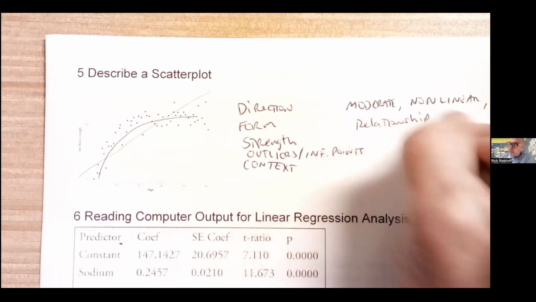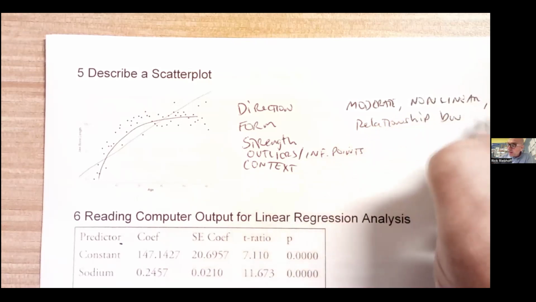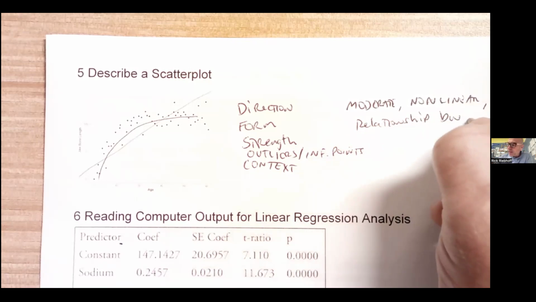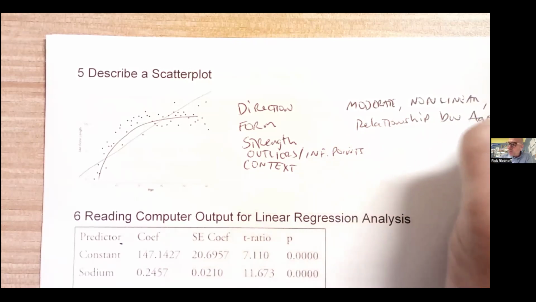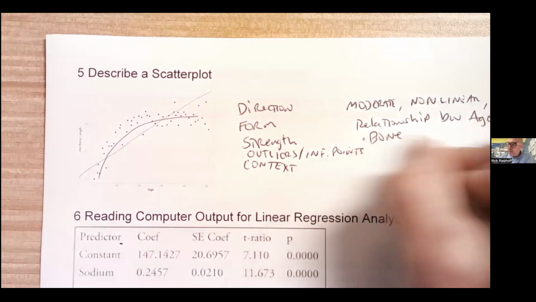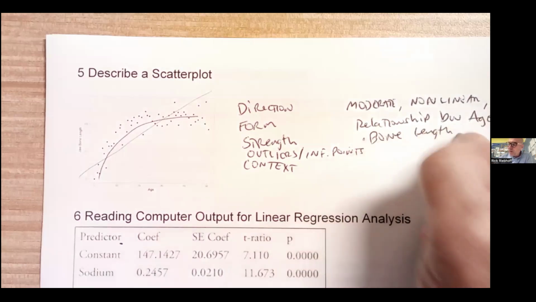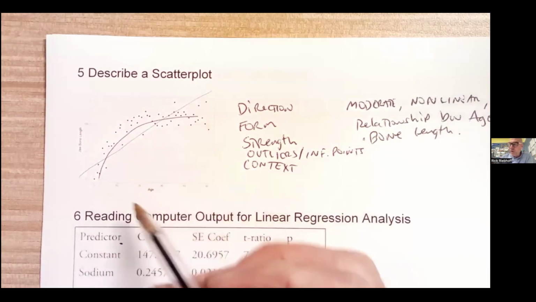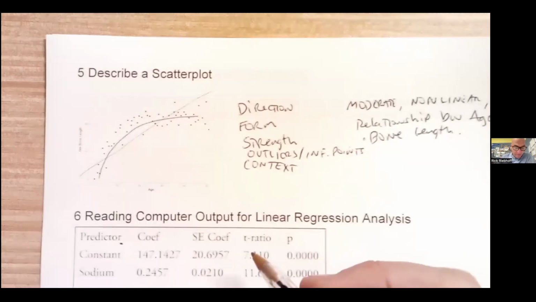And now I do the context between age and I can't even see what it says. Age and jawbone, something like that. Length. And then I would talk about outliers. I don't see any stunning outliers in there, right?